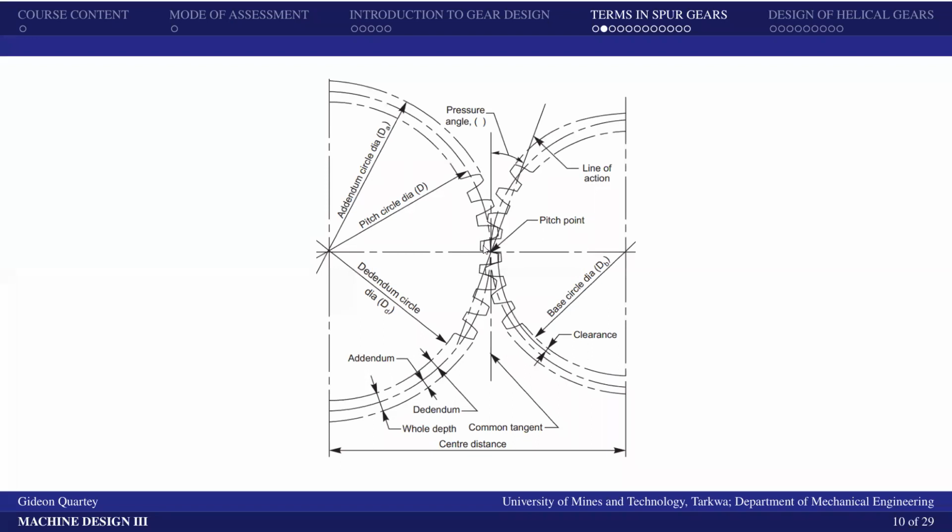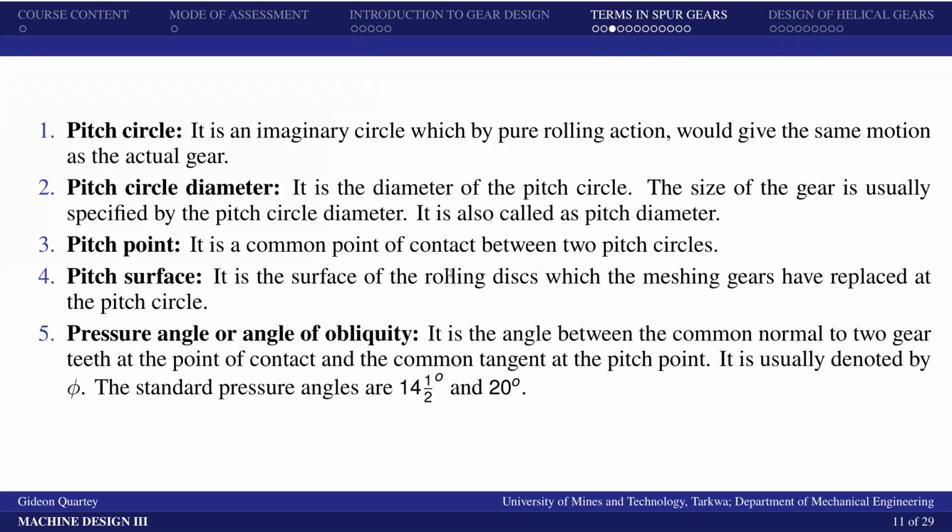Can we see that small gap there? That gap is called the clearance. So the gears are designed such that the top of one gear will not directly rest on the crest or the bottom of the other one. So that small space that is created there is what we call the clearance.